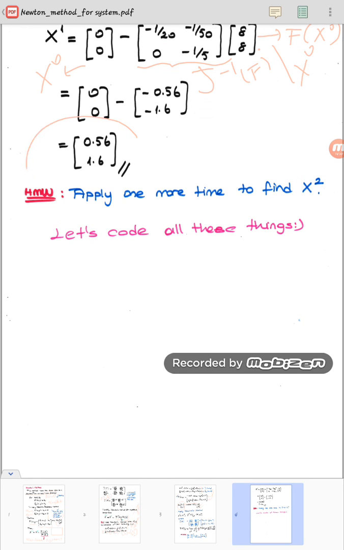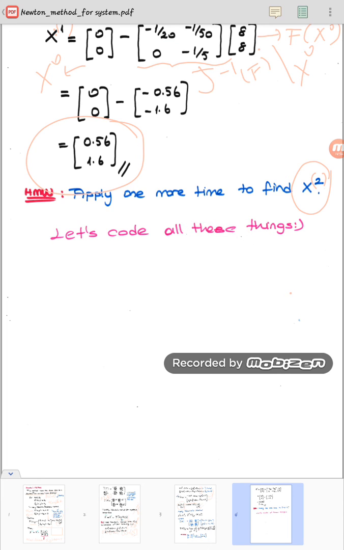So the answer gives us 0.56 and 1.6. I wish to give you homework: apply the Newton-Raphson method one more time to obtain x2. The parentheses usage on the superscript is better, I think. So you can use the parentheses to show the iterational process. Okay, here is the iterational process.